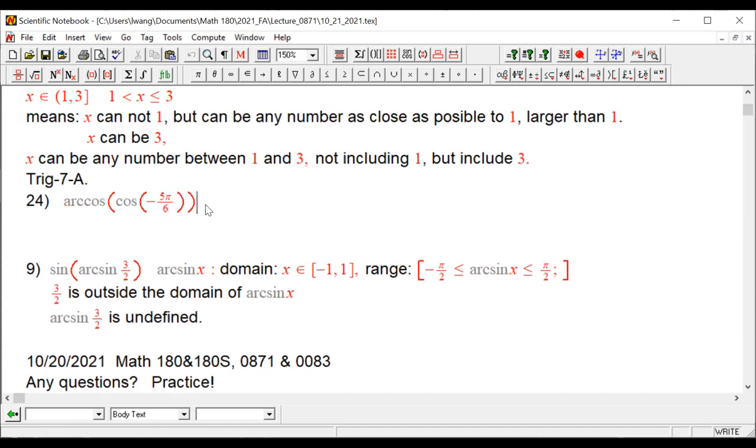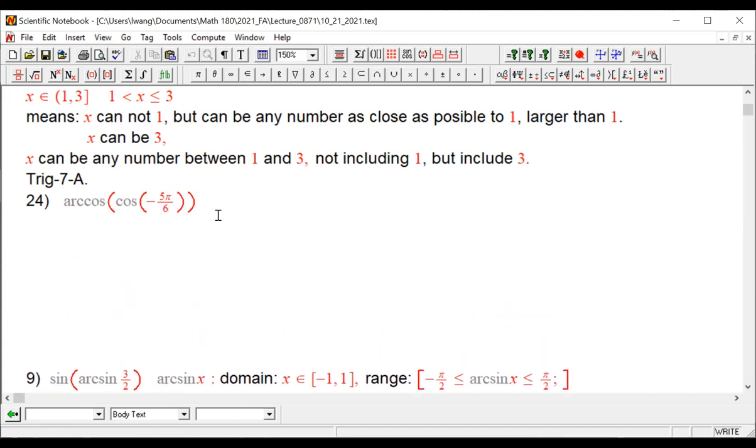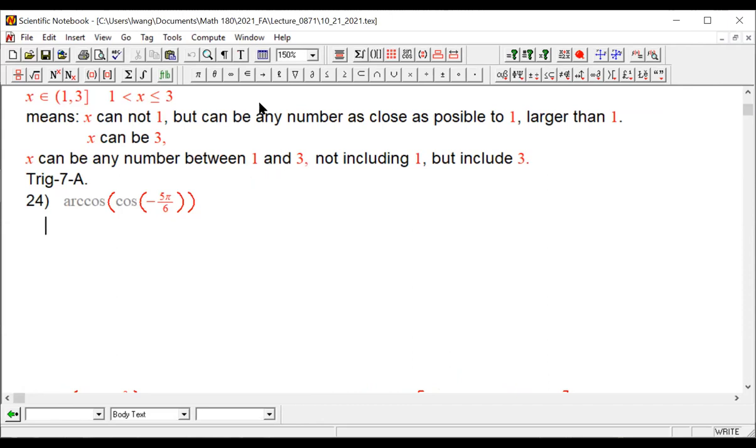There is more than one way to do it. If I do it the ARD way, you're going to measure the angle clockwise.